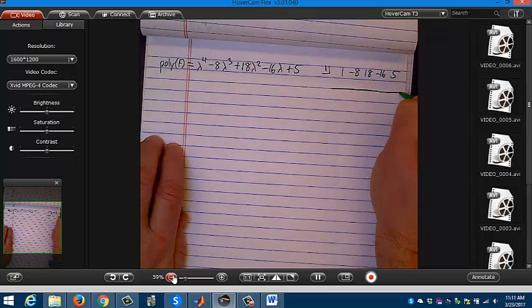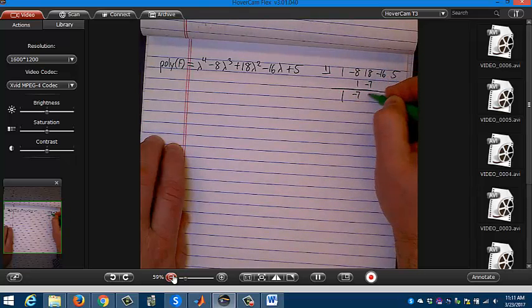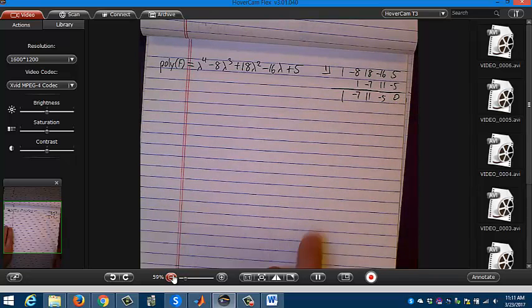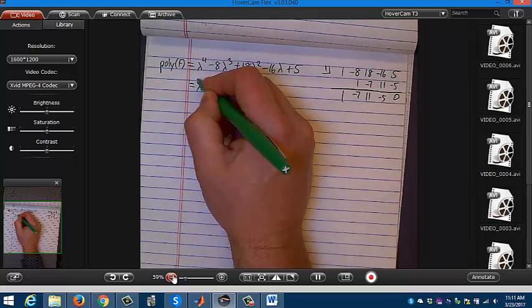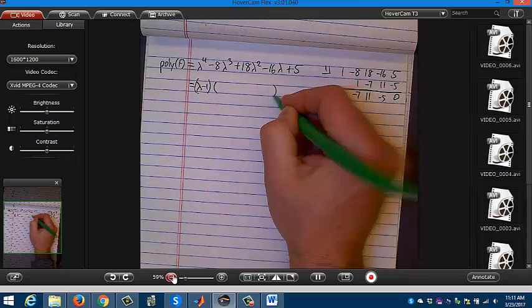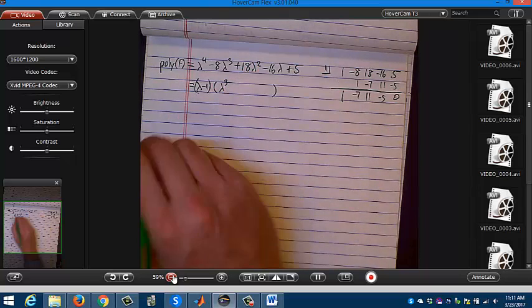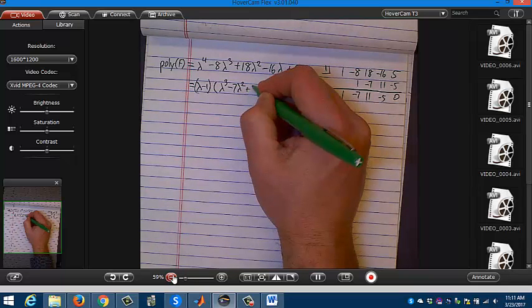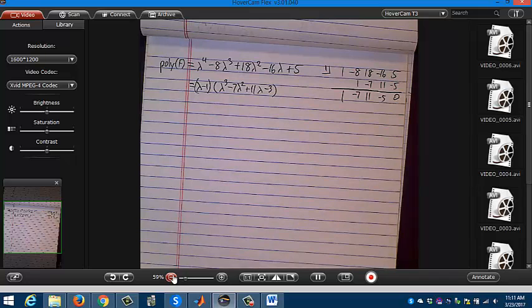And so, you remember this trick? Have you seen this before? We've done a lot of synthetic division. So it's just add and multiply. But yeah, you basically have just shown that this is equal to lambda minus 1 times whatever you have left. I guess it's lambda cubed minus 7 lambda squared plus 11 lambda minus 3, right?